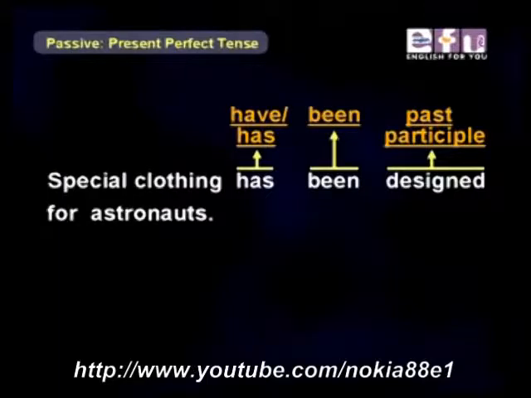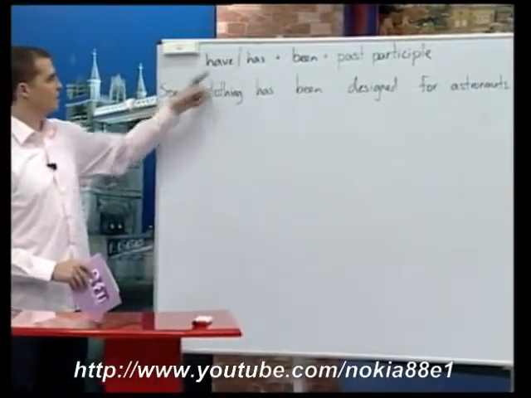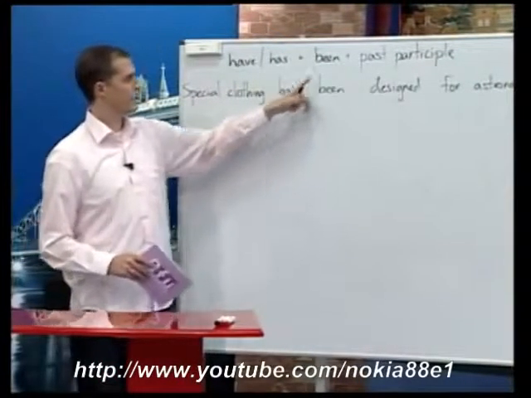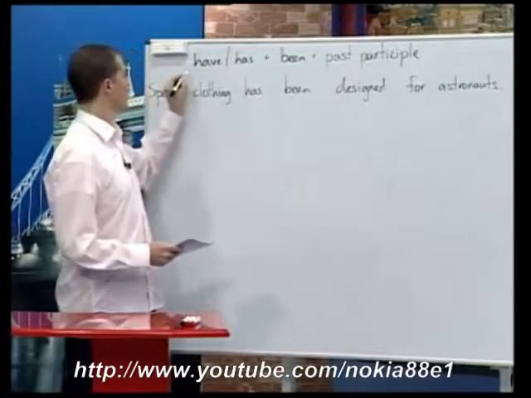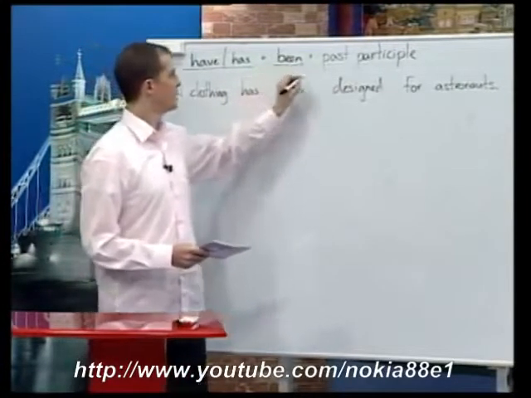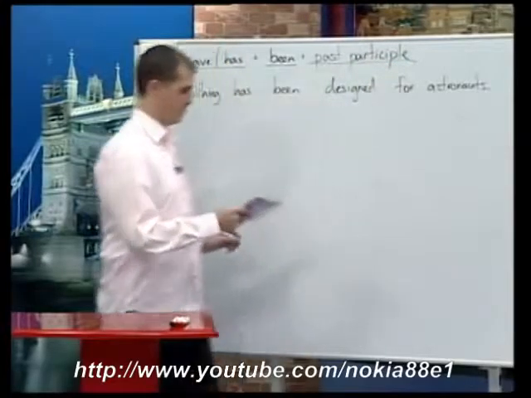Now, that is has been designed for astronauts. Special clothing has been designed for astronauts. Have and has been past participle.